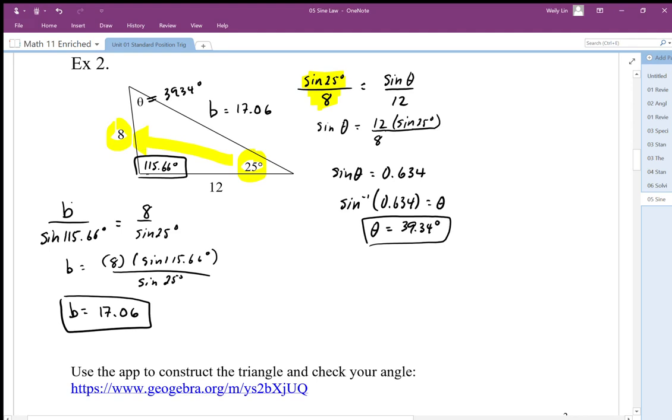However, with these exact same 3 pieces of information, it's possible that a different triangle could be formed. It looks like this: this length of 8 could show up like that. We could have an 8 centimeter length here, where this angle is acute and this angle is obtuse. So that's an interesting dilemma here.